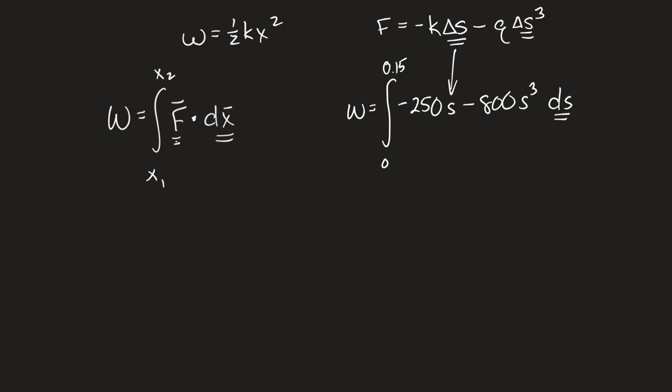They're using s for the displacement of the spring. The delta represents the actual displacement of the spring, the 15 centimeters. But I have to put it in this form. So I put where it is, and I put the ds here because we're trying to tell the calculus that we're compressing it a little bit at a time and figuring out how much force is necessary for each step. That's what this calculus states.